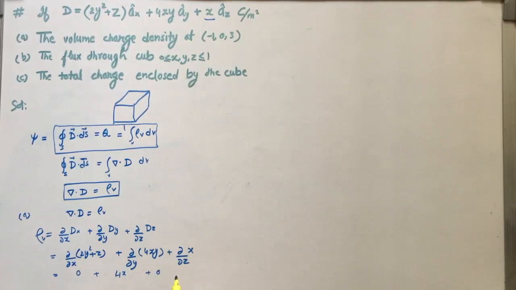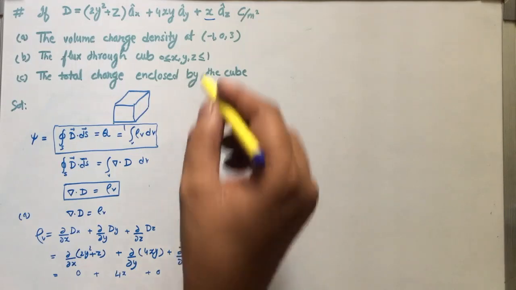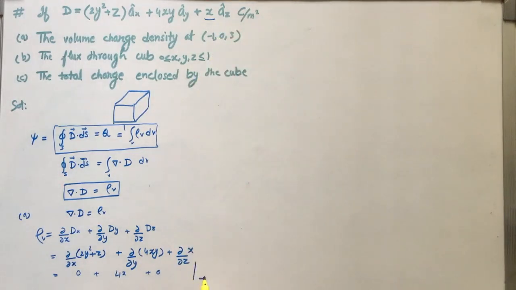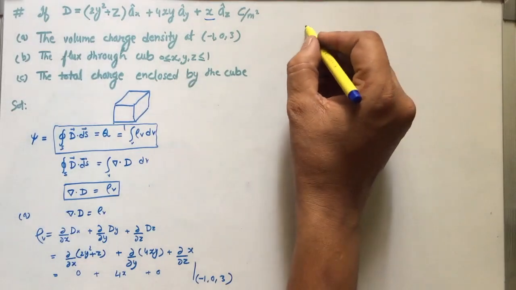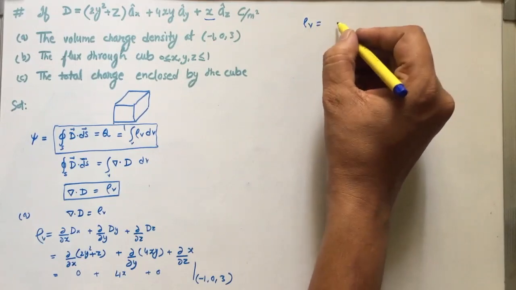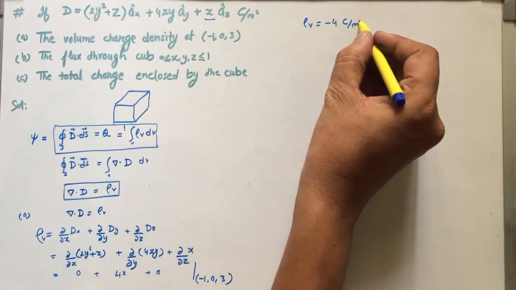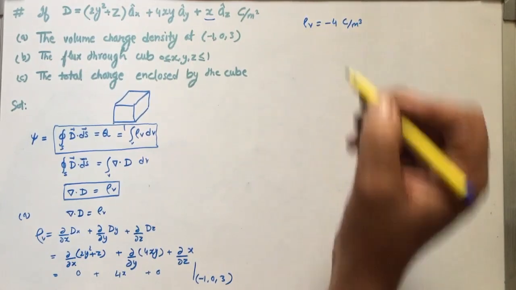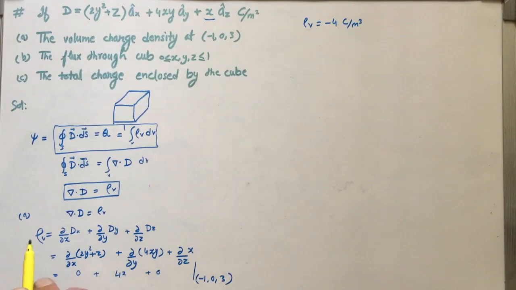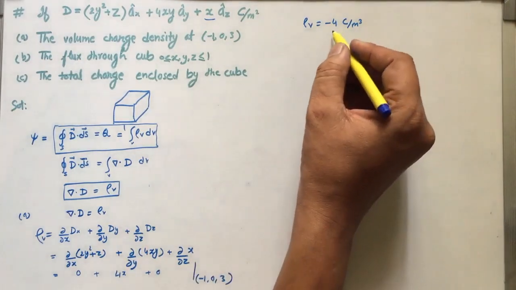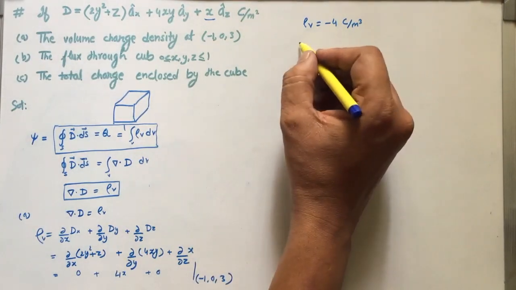So we have to find rho v at (-1, 0, 3). Put x equal to -1, y equal to 0 and z equal to 3 in this one. From there we will get rho v equal to -4 coulomb per meter cube due to the volume charge density. So for part A, the answer will be -4 coulomb per meter cube.